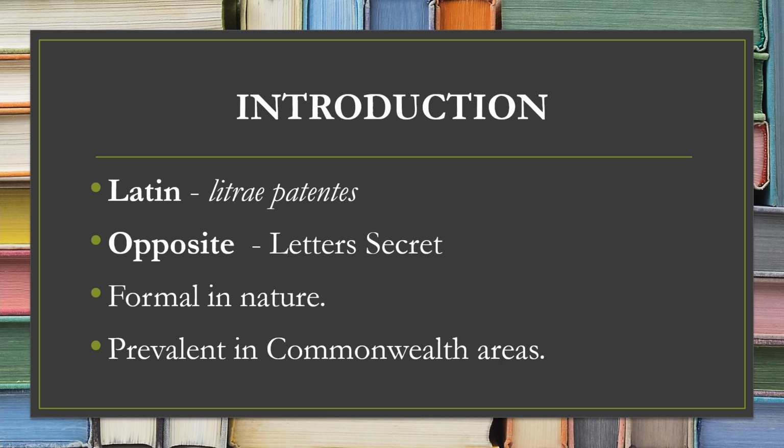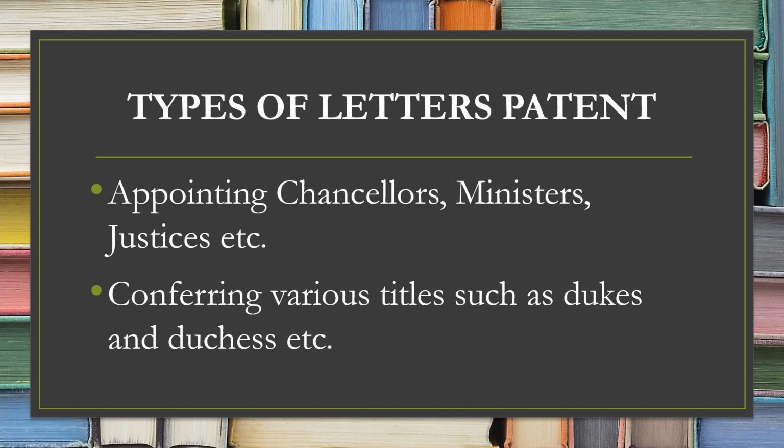The letters patent are documents or instruments that are formal in nature and are provided to satisfy the minimum requirements of a particular jurisdiction. Letters patent are generally prevalent in Commonwealth jurisdictions, as the same are issued by the monarch for specific purposes.